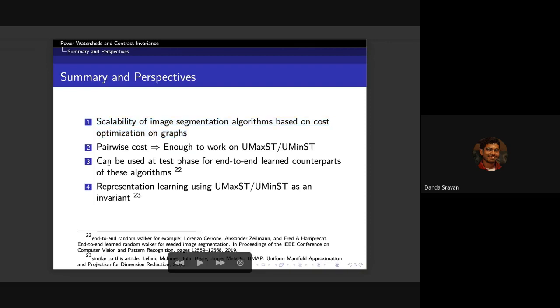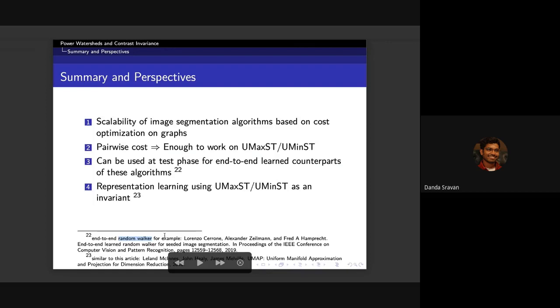And this is useful in the sense that these days, many of these classic algorithms are being learned end-to-end. For example, there is this random walker end-to-end learning. It's a recent article, not very recent, just 2 years old.